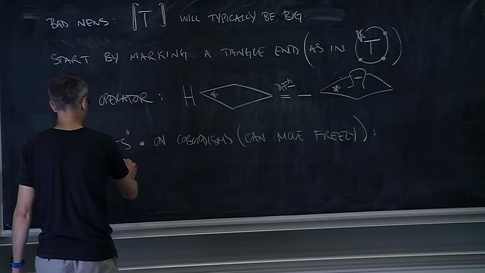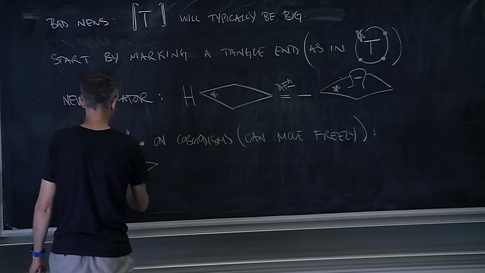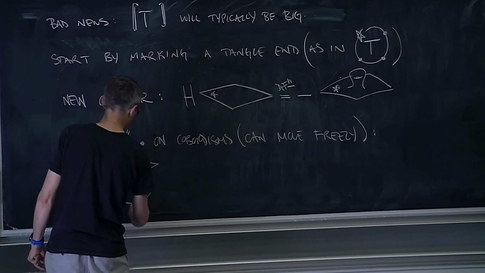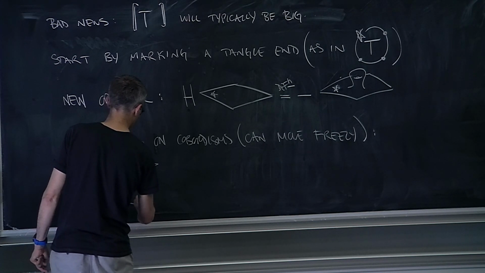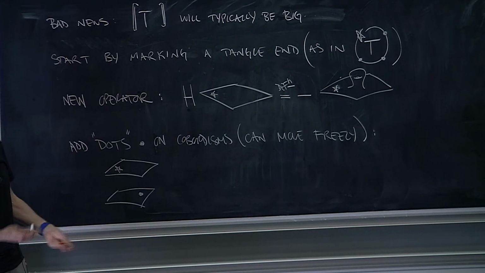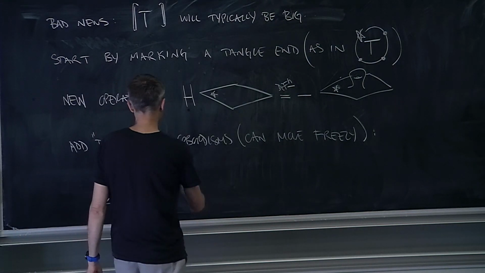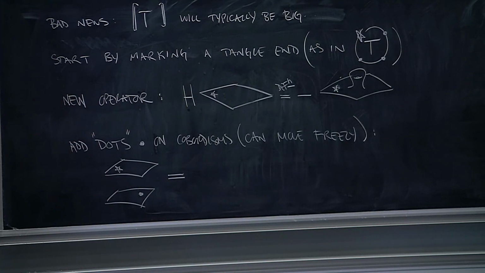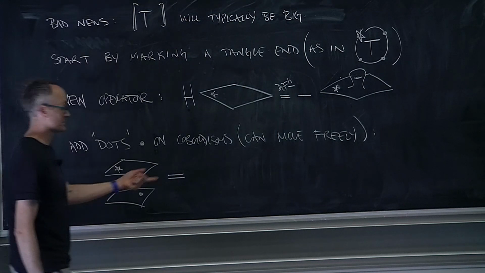So maybe I have part of my cobordism here and another part of my cobordism there, and it can now carry a dot. All right, we have to decide what that means in this category. It should be some linear combination of honest cobordisms. So here's the linear combination.